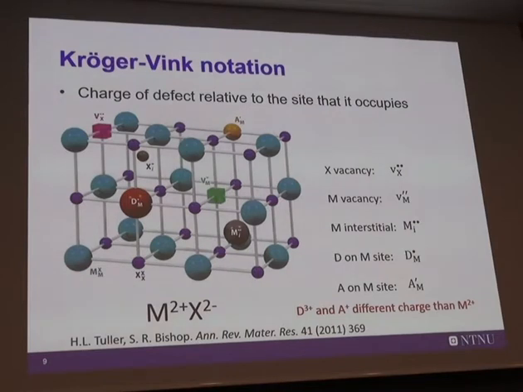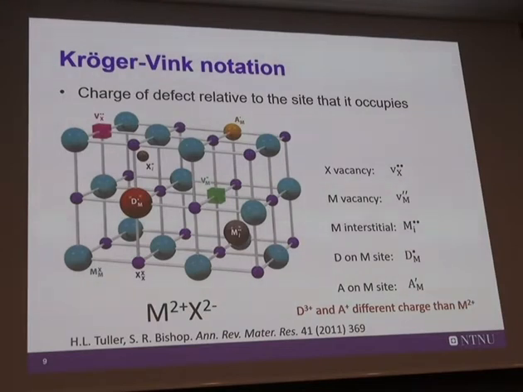Then you can also have these M interstitials. Again, it's M on the interstitial site. Again, it's charged because there is normally nothing on an interstitial site. And then if you put an ion there, you will give it the correct charge because it is positively charged in an isolated state.